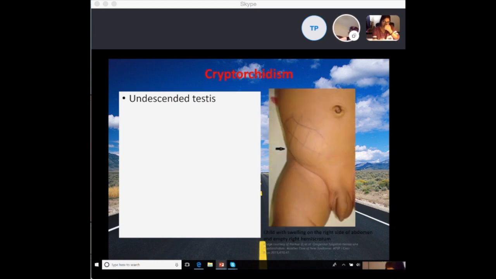And as you can see in this image, we have a right hemiscrotum and right cryptorchidism, and you can see down here that there is a hemiscrotum because the right side is empty. So obviously you have an undescended testicle.